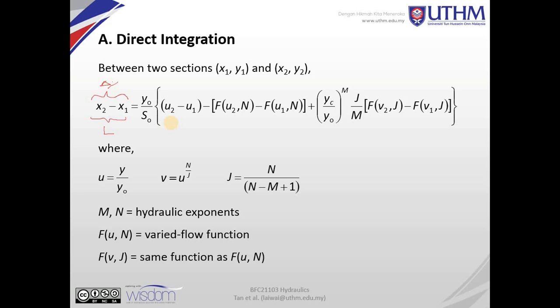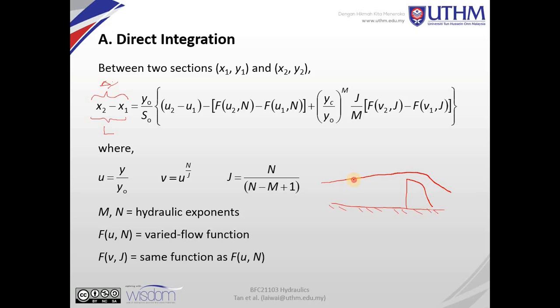So say we have here the diagram of the GVF profile, which occurs when we install a weir at the downstream of the channel. So this is the weir, and the placement of the weir will cause the water to rise up, which is the GVF profile.